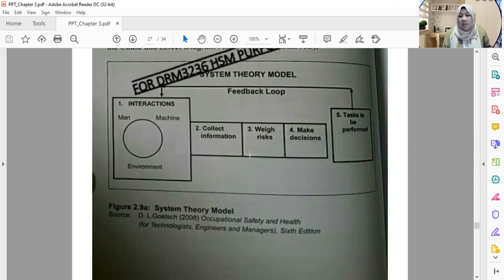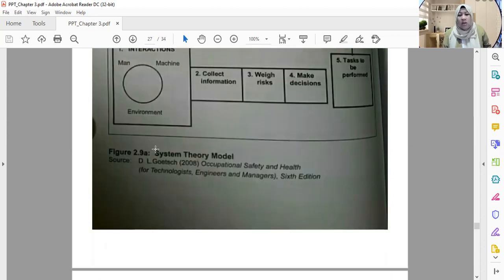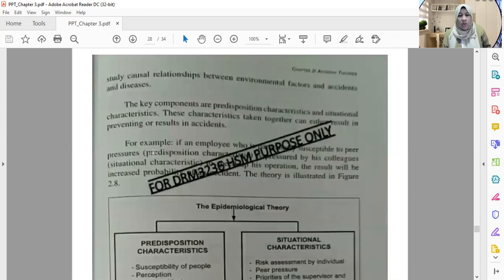They collect information, weigh the risk, make a decision, and perform the task. Because if you realize, the arrow is in between here and in line, so of course the interaction will be man, machine, and environment. This is the system theory model.